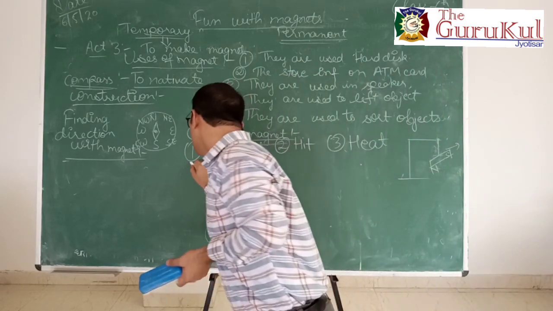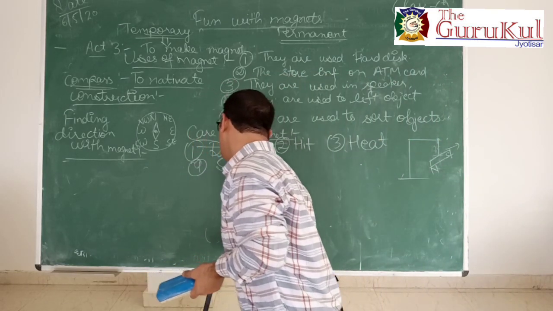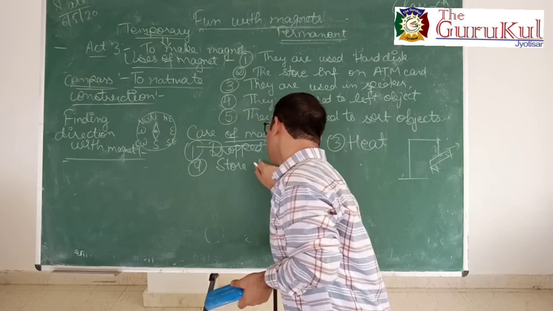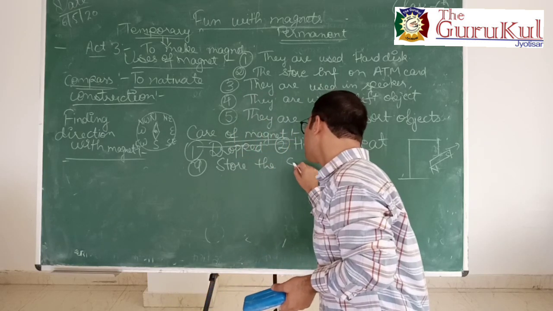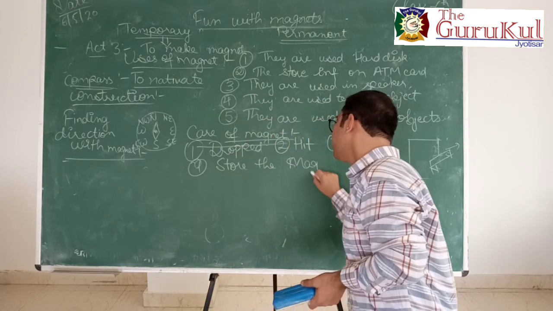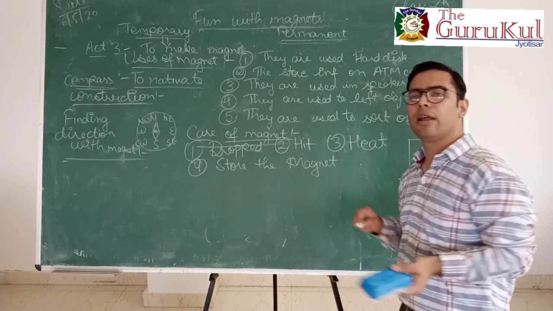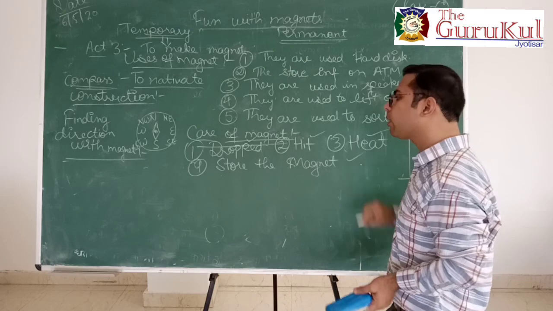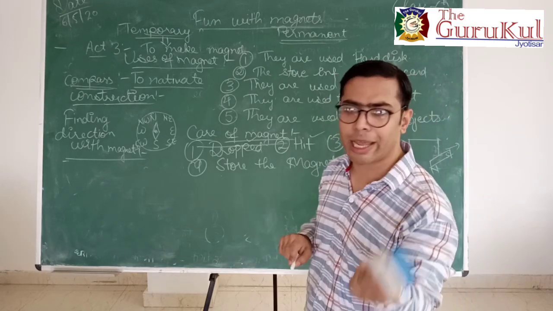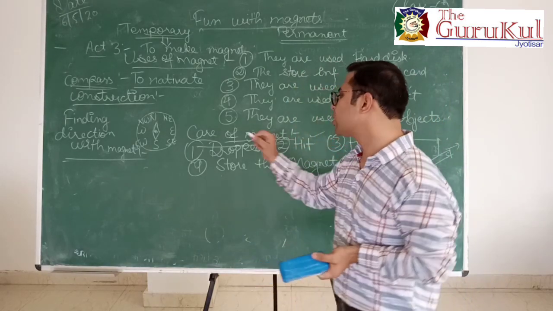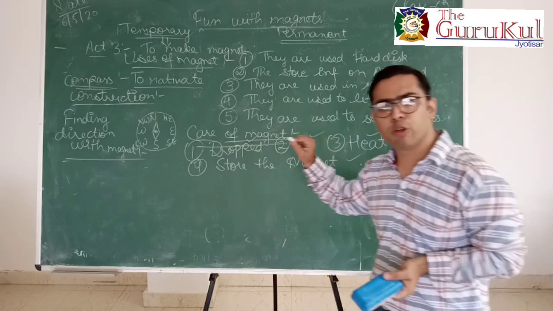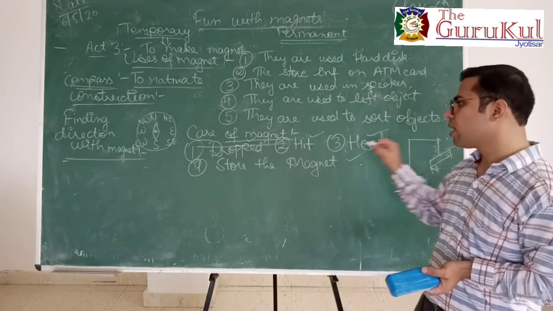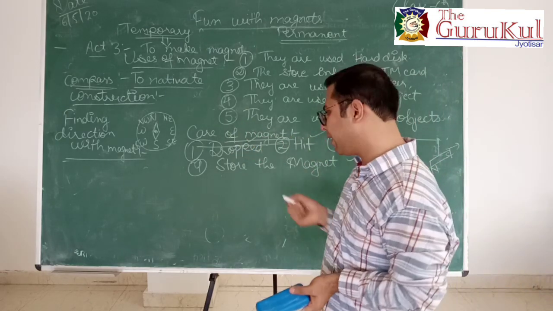And if you do not store the magnet properly, then the magnetic power of the magnet can be lost. So by doing these four things, the magnetic power of the magnet can be lost or decreased. So by not doing these processes, we can take care of the magnets.